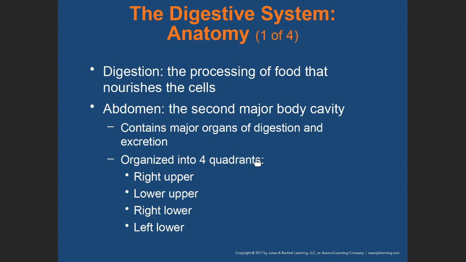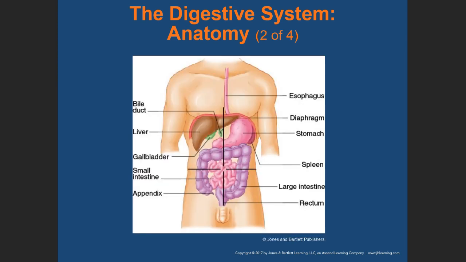And we learned in the beginning, I think it was medical terminology, that the abdomen is divided into 4 quadrants: right upper, right lower, left upper, left lower. And there are specific organs in each of these quadrants, whether it's a solid organ or a hollow organ, right? So as we progress in the course, you need to know what is in the right upper, what is in the left upper, what is in the right lower, what is in the left lower.